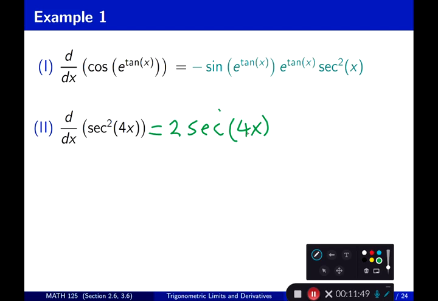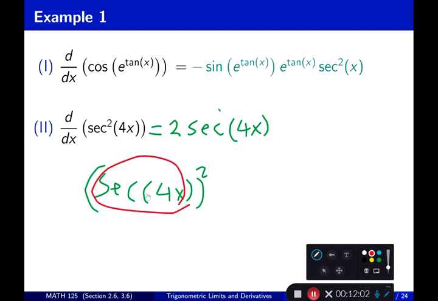Now what was inside the power 2? It was secant of 4x to power 2. So the inner function was itself a composition of secant of x, secant of u, and 4x.